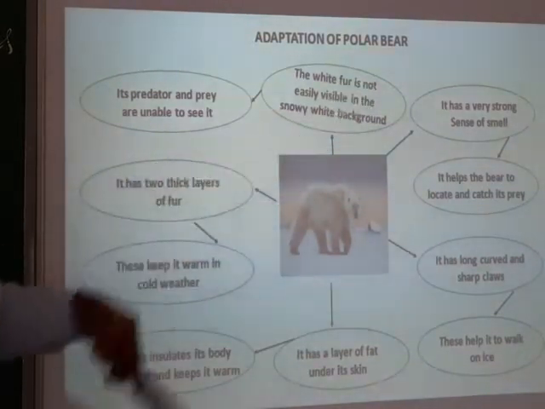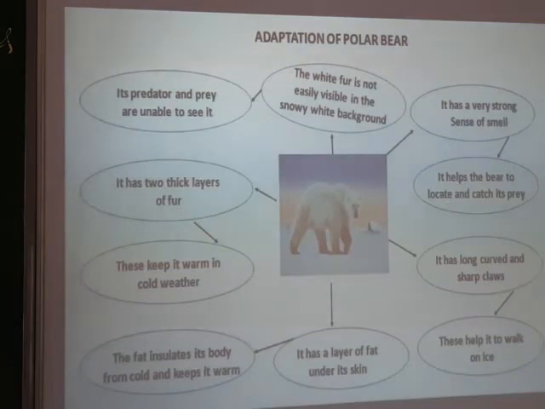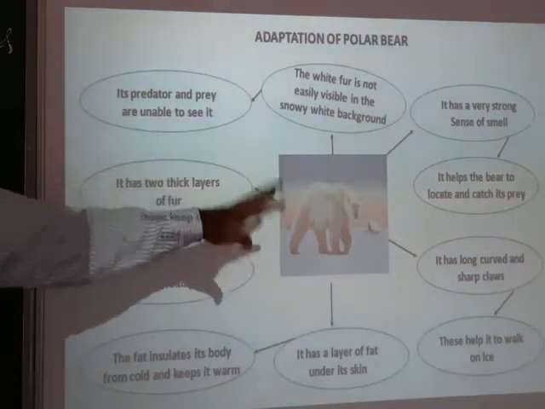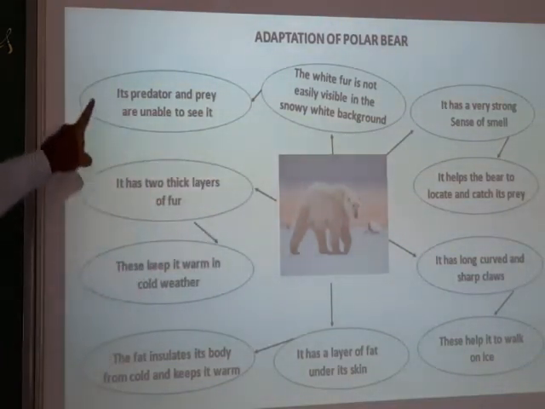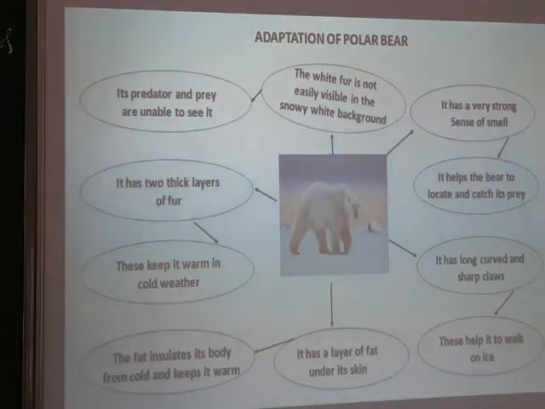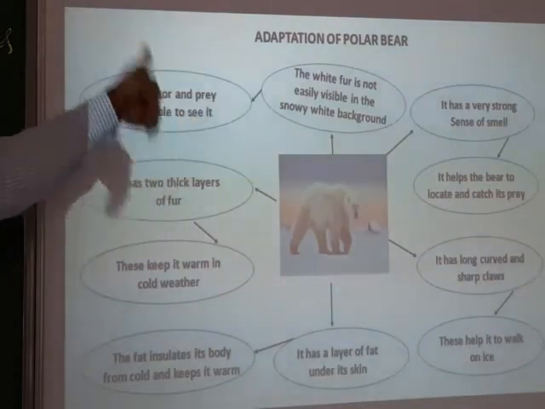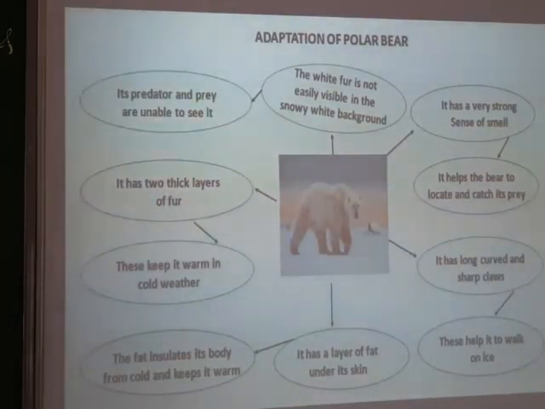The white fur is not easily visible against the snowy white background. It has white fur because its predators and prey are unable to see it. To escape from enemies and catch prey, it is white in color and merges with the white background.